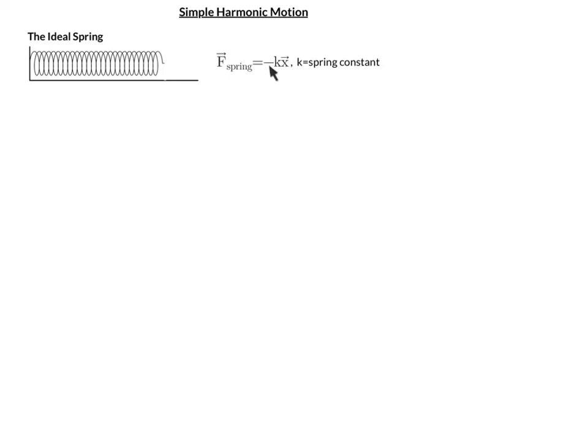Now the negative sign stands for the fact that the spring force is a restoring force. So whatever we're trying to do to it, the spring force will act in the opposite direction. This equation is called Hooke's law. So the equation for the spring force, for the elastic force, is given by Hooke's law.